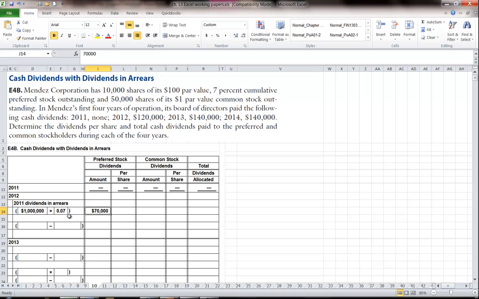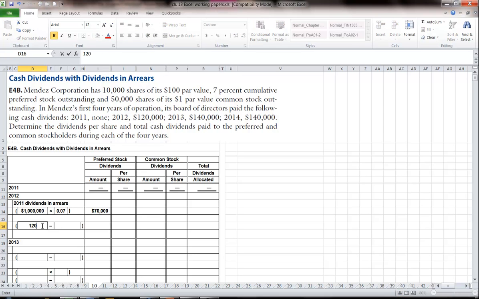So then we have to figure out how much of 2012 they get. Well, that $70,000 represents how much they should get for each year. But if we were to pay them another $70,000 right now, we would go over the $120,000 that the board of directors declared. So we can't pay out more than what was declared.